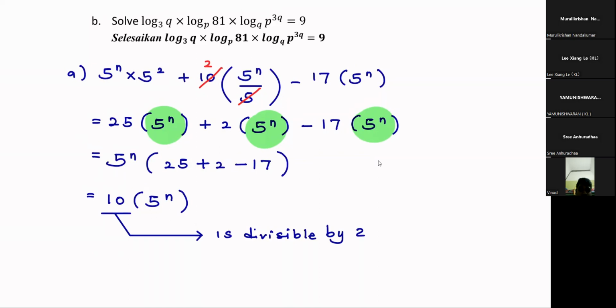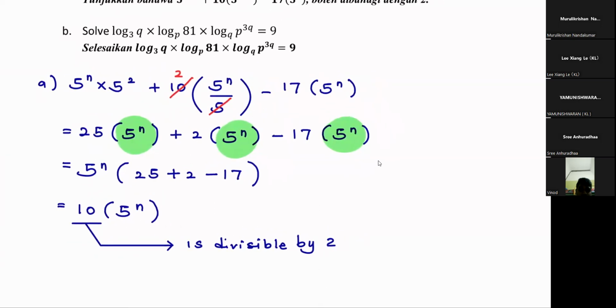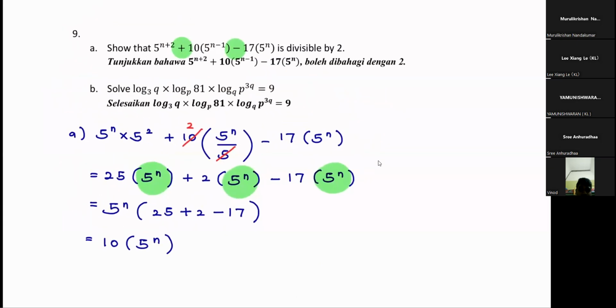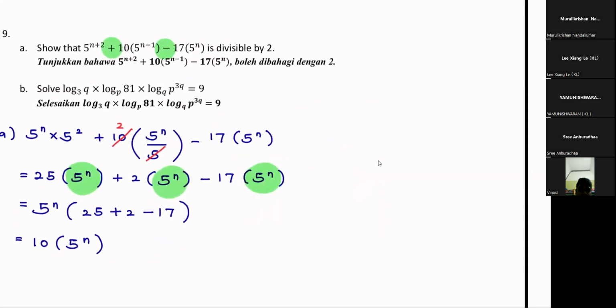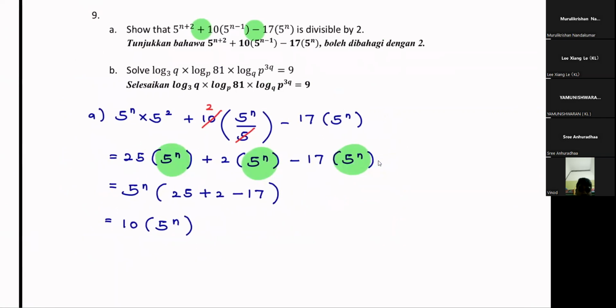Faham tak? Okay, is divisible by 2. Kalau you nak tuliskan, you tak perlu tulis macam ni lah. What you do, you just copy back the whole thing there. So until here, you just write over here is divisible.